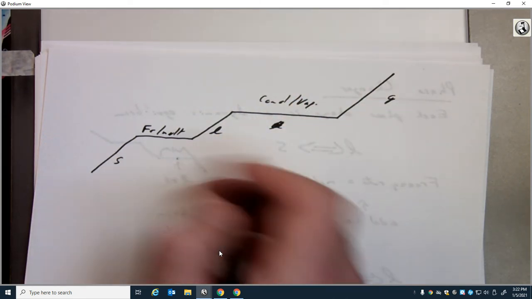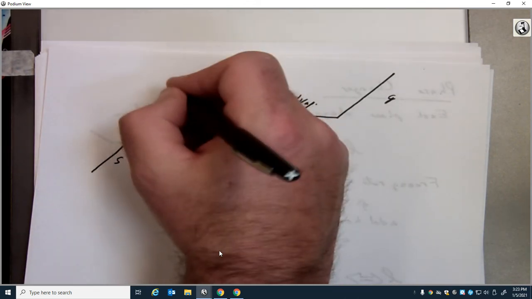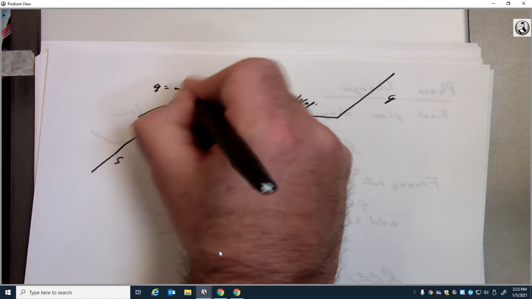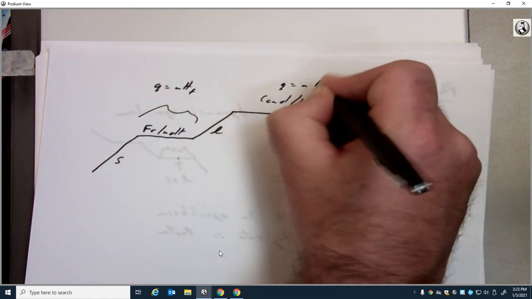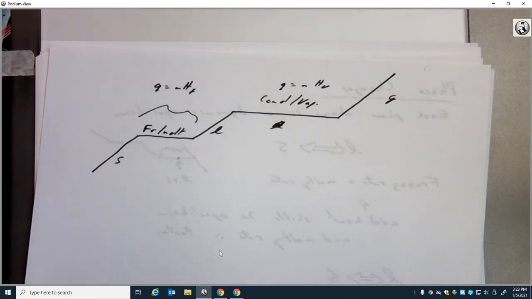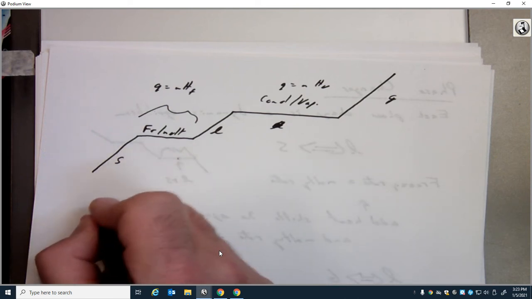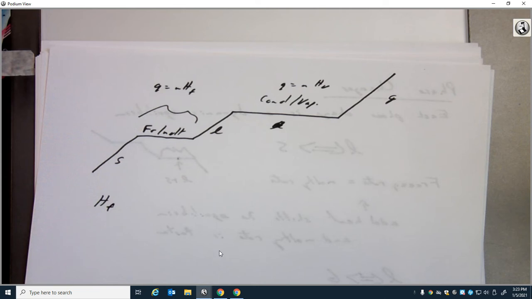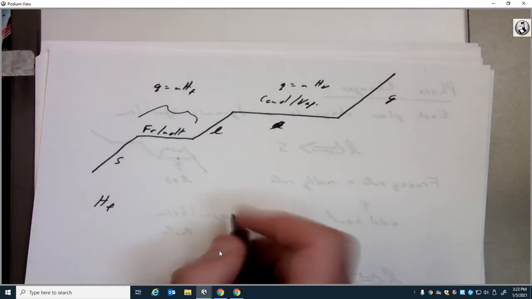Now, remember our equations. Okay, so we have Q equals m H_f and Q equals m H_v. So H_f, okay, is our molar heat.